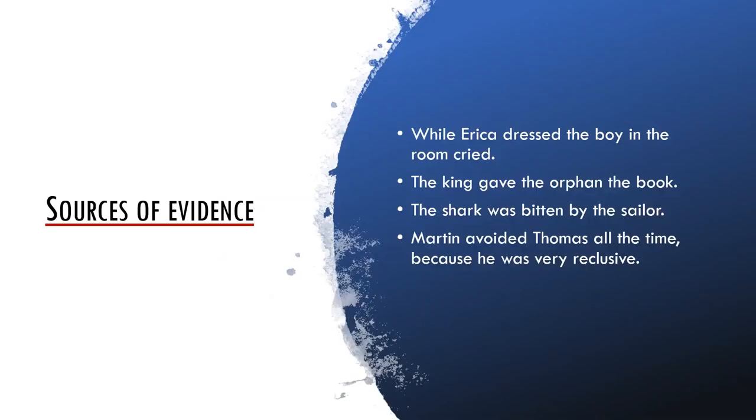The research on sentence processing in psycholinguistics has typically used artificially created sentences which are ambiguous or somehow hard to process. On this slide, we may see several examples of sentence types which are often used in psycholinguistic experiments. The example, "While Erica dressed, the boy in the room cried," is a so-called garden path sentence.